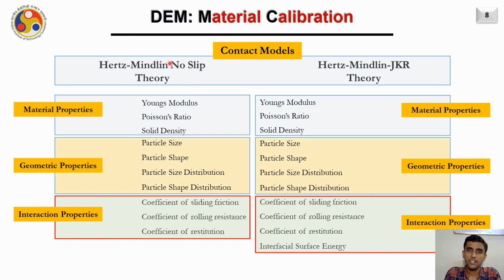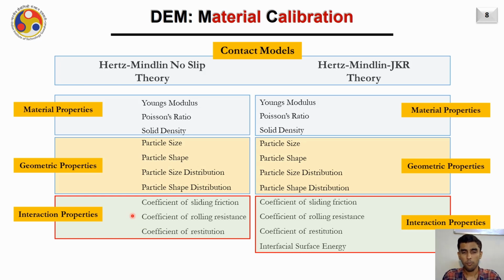We will be concerning ourselves with the Hertz-Mindlin no-slip theory, but towards the end we will also be briefly looking at the Hertz-Mindlin JKR theory. The material properties and geometric properties in a discrete element method environment are quite easy to obtain. However, obtaining the interaction properties is a challenging task.